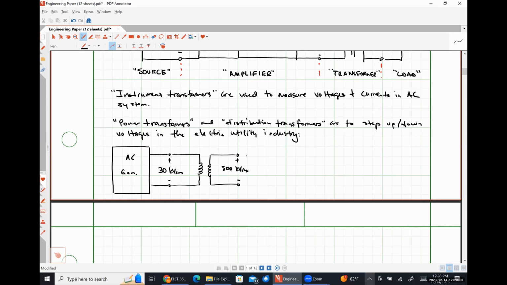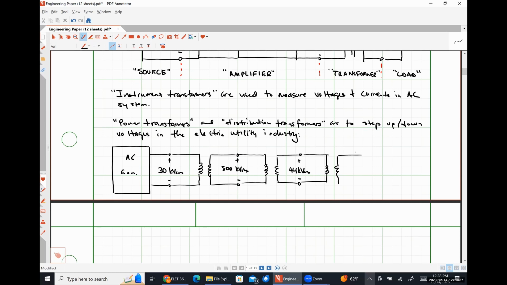Then when you get closer to a city, you might see a substation where that voltage gets stepped back down to a more acceptable level, something on the order of 44 kilovolts or so. Then as you get closer to a neighborhood, it'll be stepped down again to something like 4.6 kV.